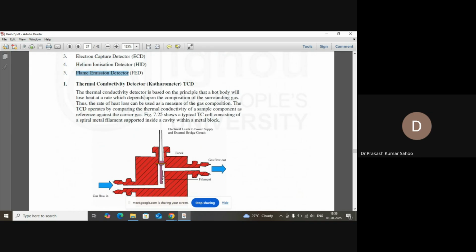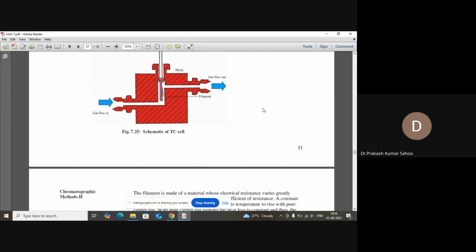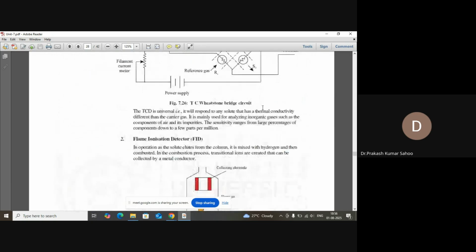Thermal conductivity is also known as a catharometer. That is also known as the TCD, thermal conductivity detector, in which the thermal conductivity is used.